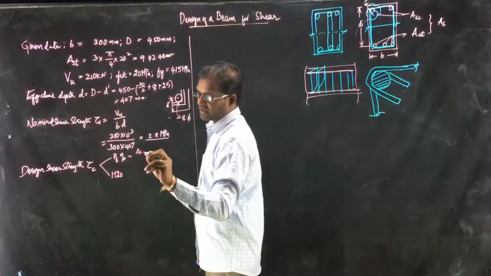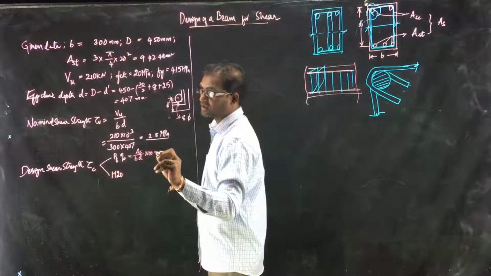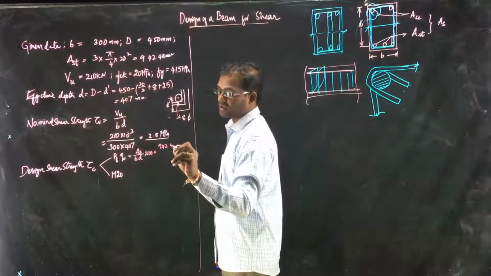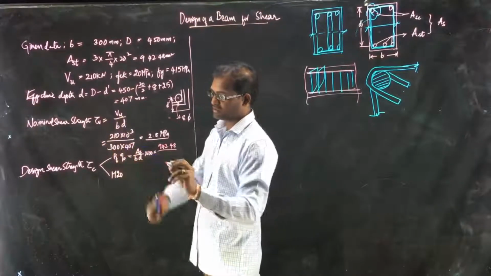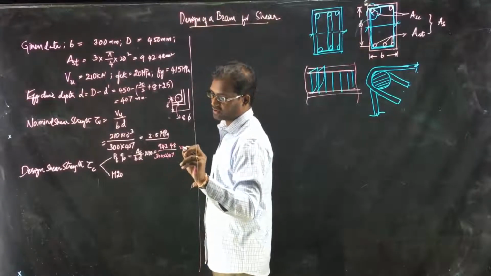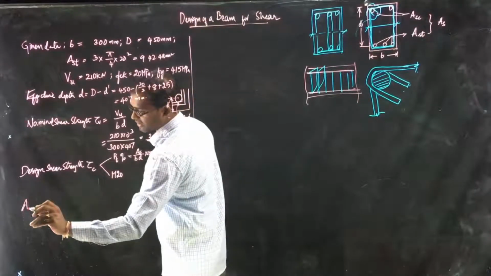Area of steel provided divided by cross section area into 100. Area of steel provided is 942.48 and area of cross section bd is 300 into 407, into 100.